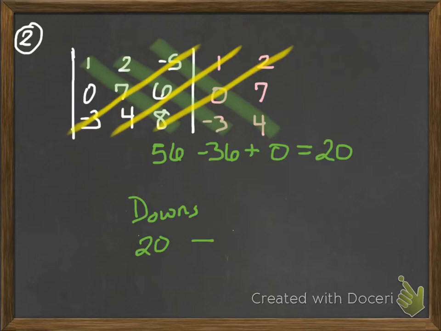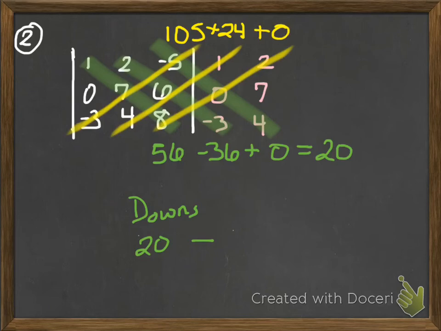So -3 times 7 is -21, times -5, positive what? Positive 105. We multiplied that first up diagonal. The next one, 4 times 6, is 24. And the last one is 0.